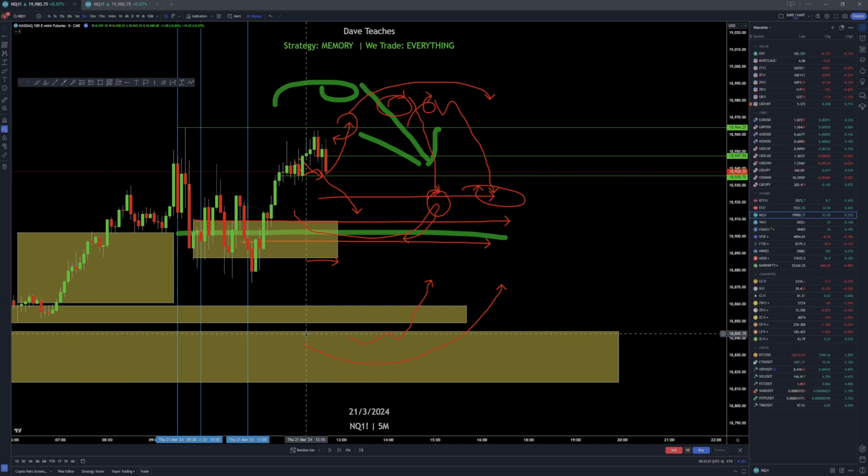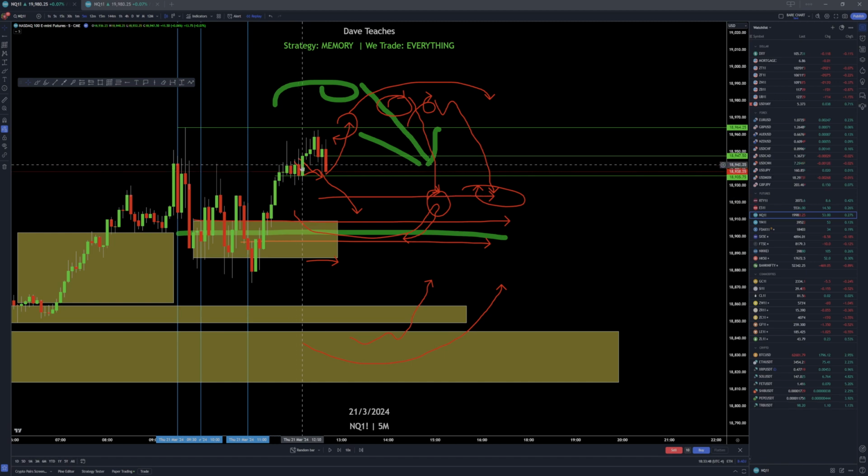Let's see. So this is a body here. There were some sell stops activated within this high right here, and then we traded higher.